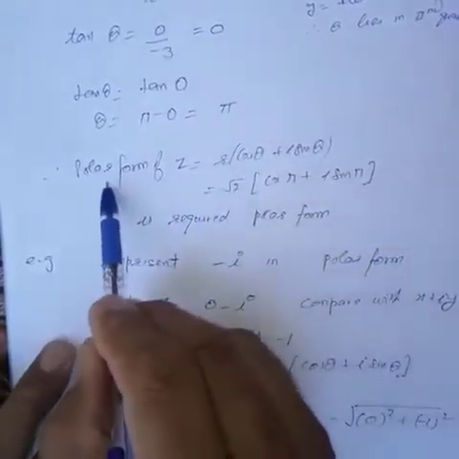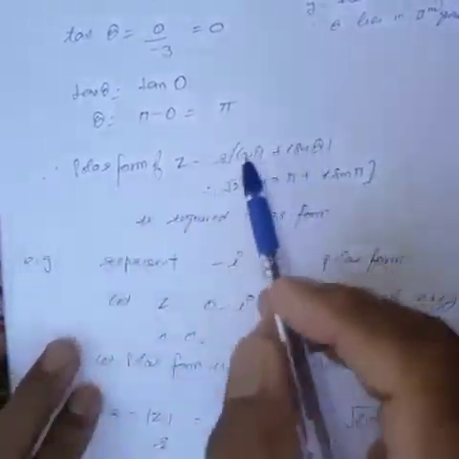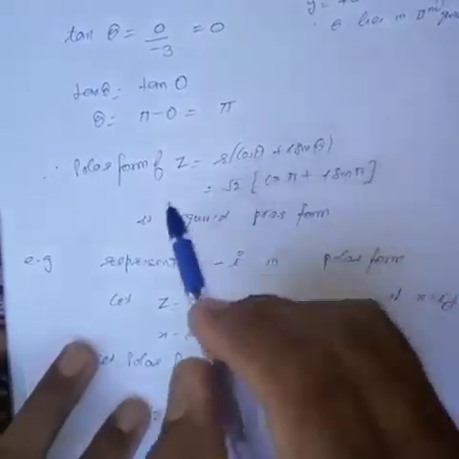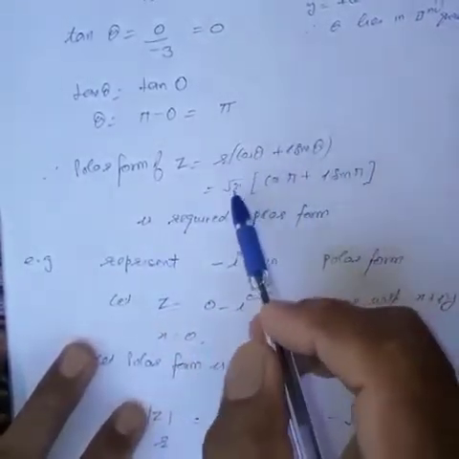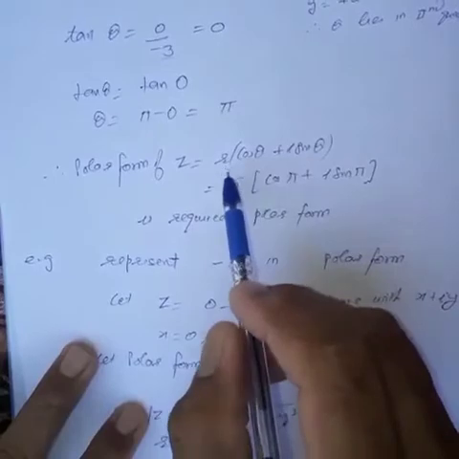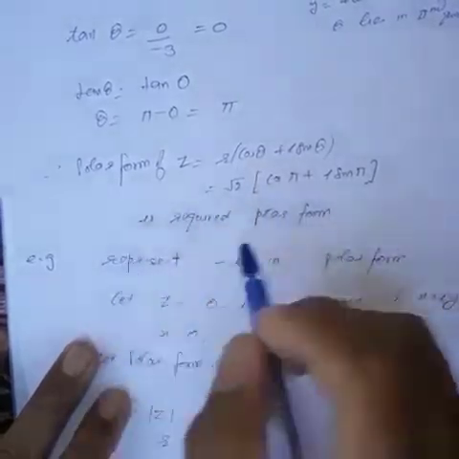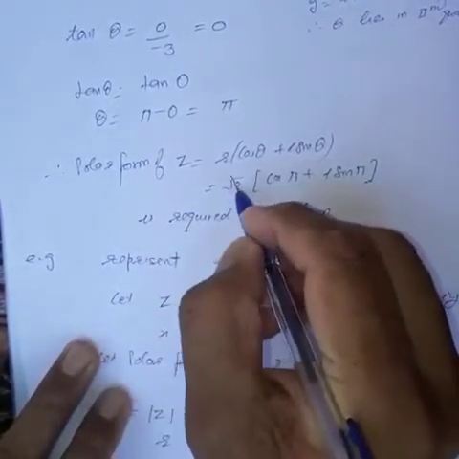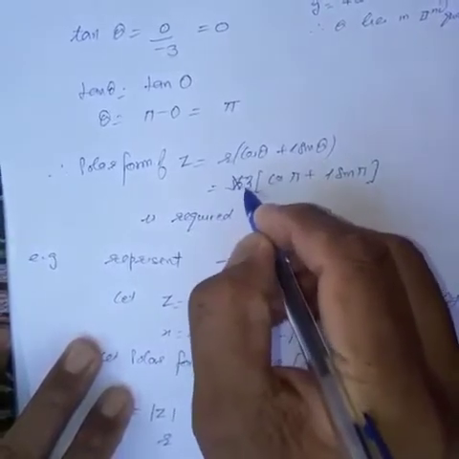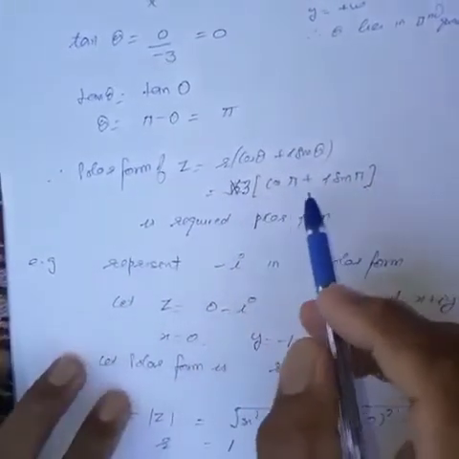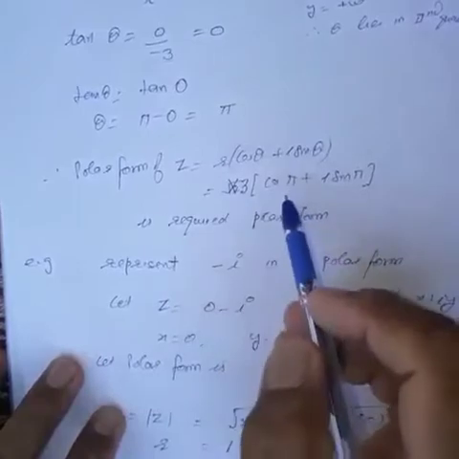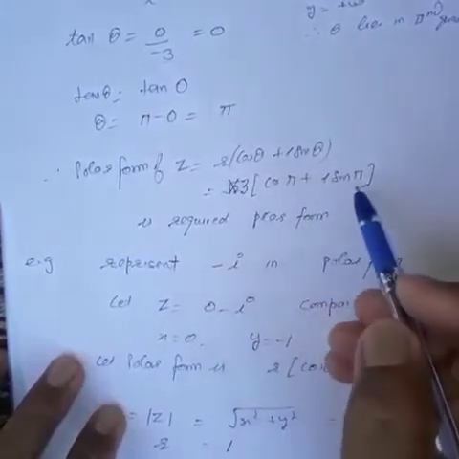So you write the polar form by putting the values. The value of r we have already calculated, it is not under root 2, it is 3. So 3 into cos pi, the value of theta being pi, plus iota sin pi.